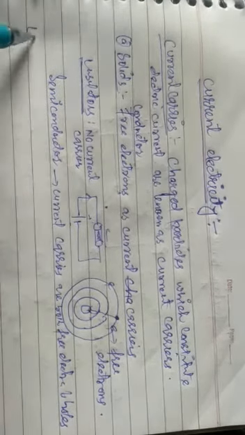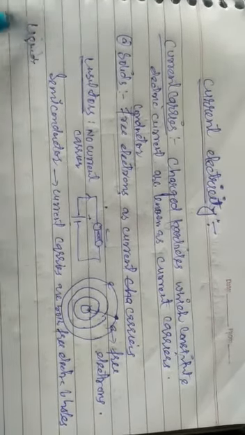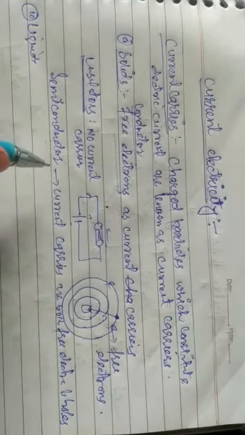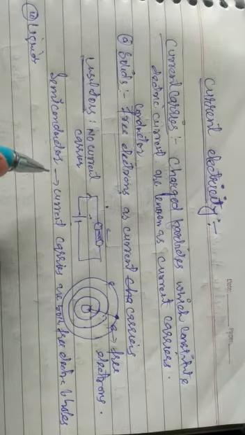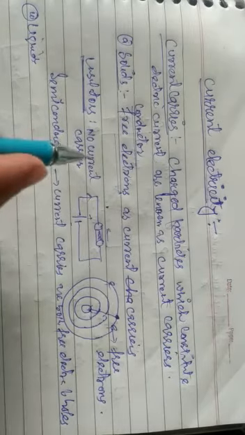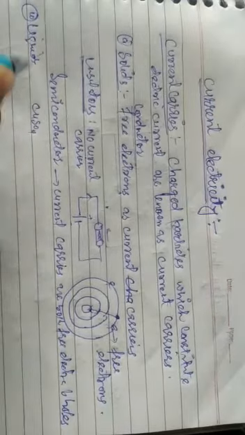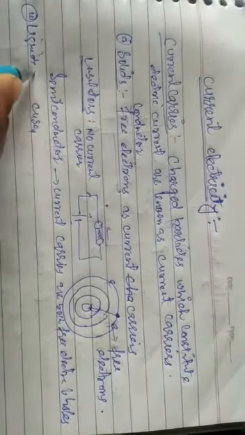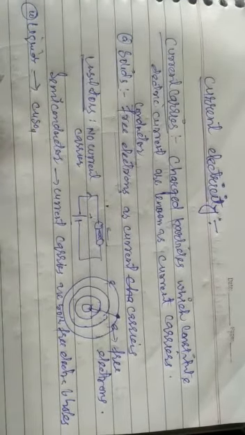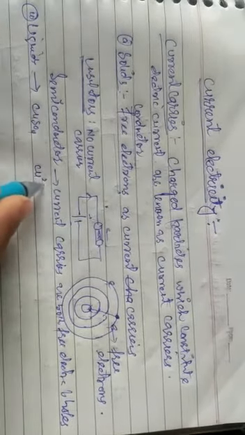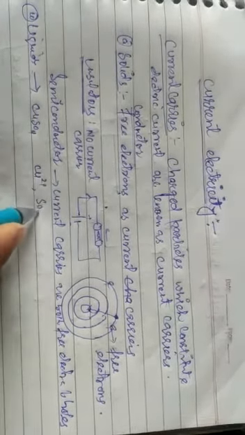Now take liquids. Some liquids, once electric current is passed through them, dissociate into ions, and they are called electrolytes. For example, with copper sulfate, once electric current is passed through it, it gives Cu2+ and SO4 2-.